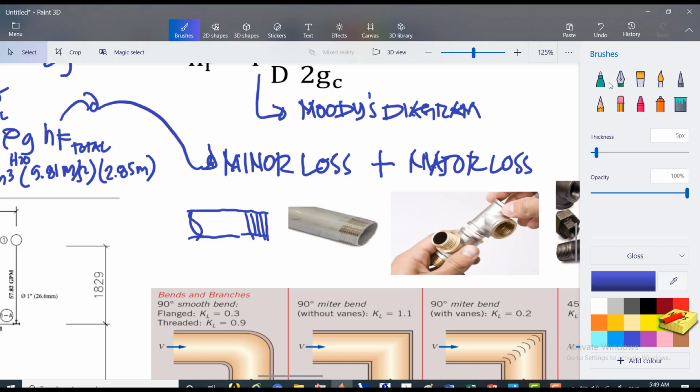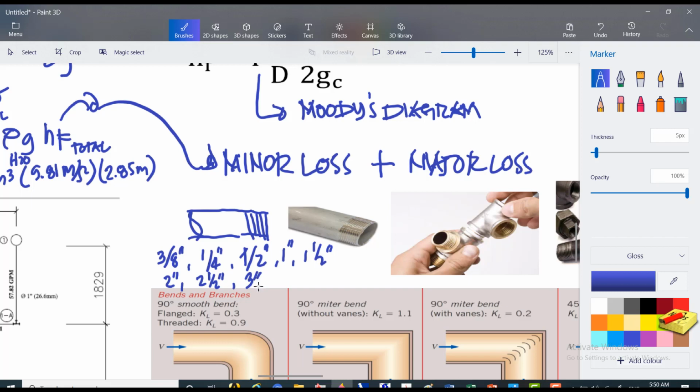The size of the pipe that is threaded starts, if I'm not mistaken, from 3/8 inch. Then it goes upward to 1/4 inch. We mostly have your 1/2, 1 inch, 1 1/2 inches, and then you have 2 inches and 2 1/2 inches. Then we have also 3 inches.